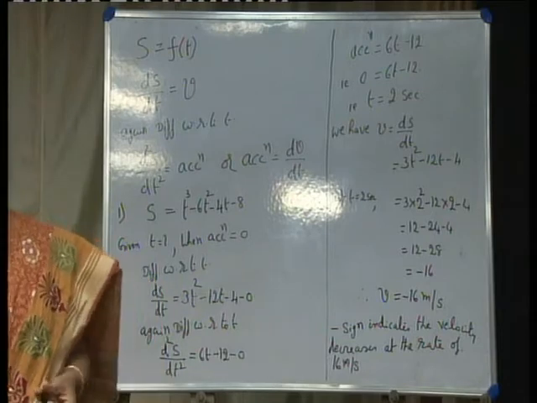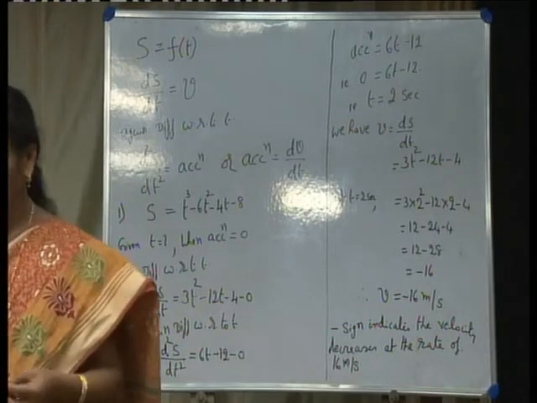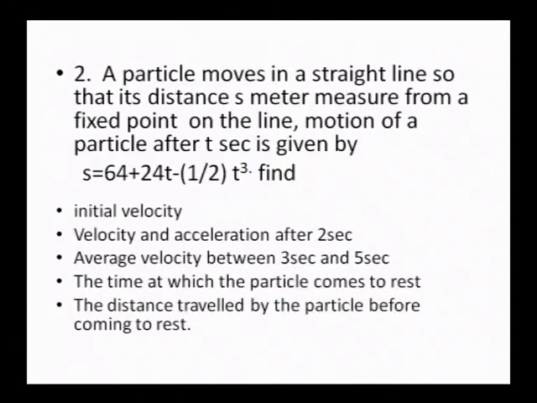A particle moves in a straight line so that its distance s meters measured from a fixed point on the line, after t seconds, is given by s equal to 64 plus 24t minus half of t cube.